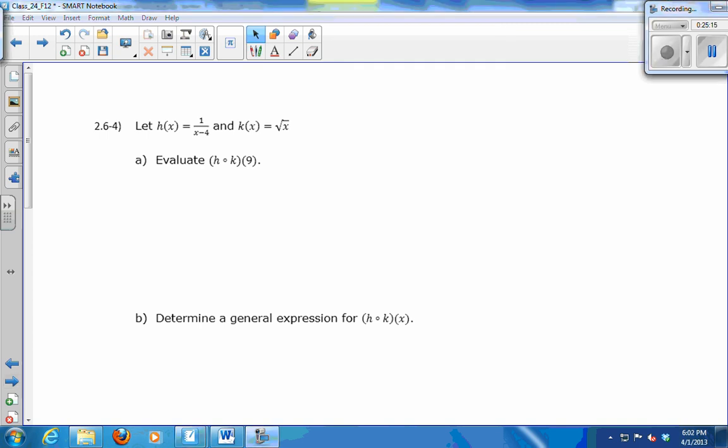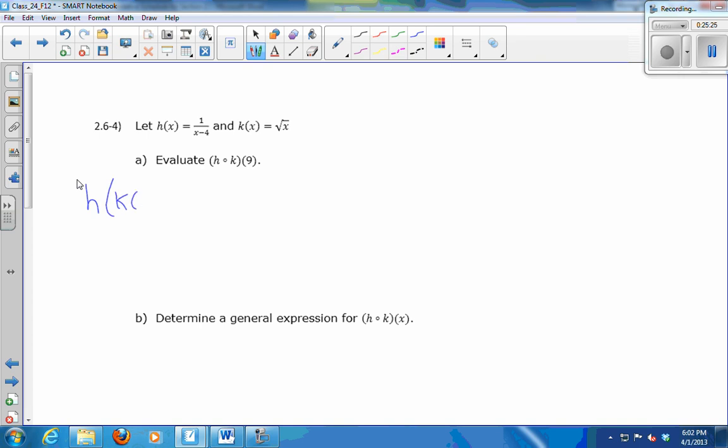Okay. So h composed with k of 9 means h of k of 9. Take that 9 as the input, it goes into k first and then into h. So if I do it algebraically, I evaluate k of 9 first.